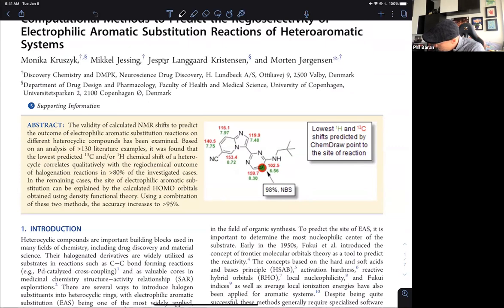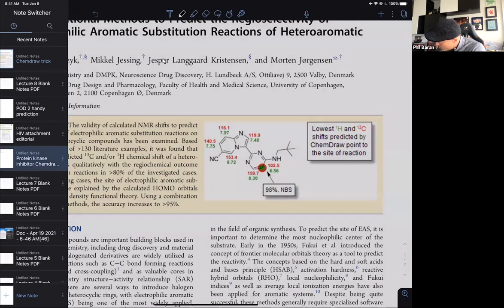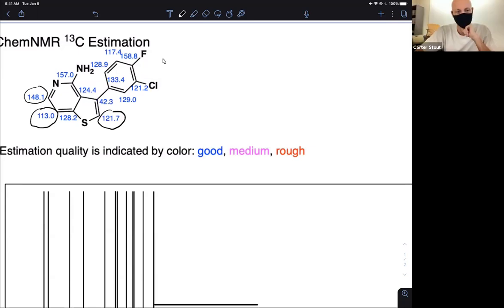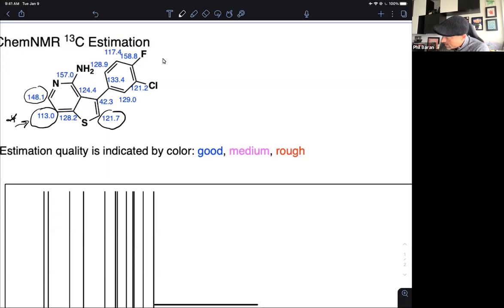And so now all we need to do is go to ChemDraw and let's see what it says. Okay, we've got the position here we're worried about. We've got the position here, and we've got the position here. Which is the lowest one? C2 to the... There's your 113. This is 127.